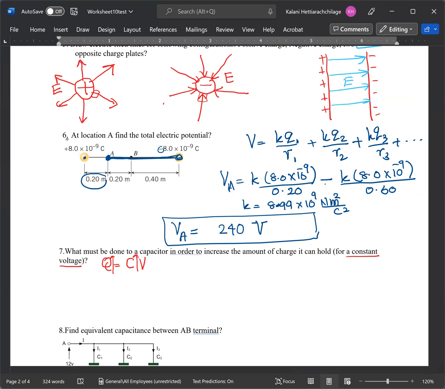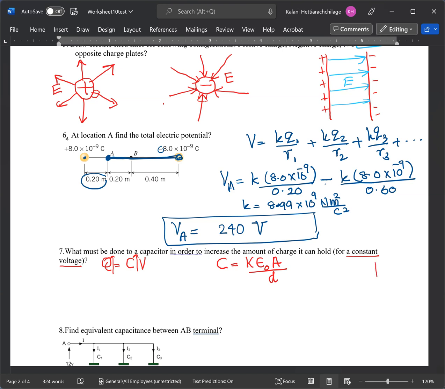Now C, we are not able to change directly. It is a manufacturing constant that can be changed during the manufacturing process. If you look at the lecture part, capacitance is defined as some constants, there are actually two constants, times the cross-sectional area divided by the distance between the two plates, right?